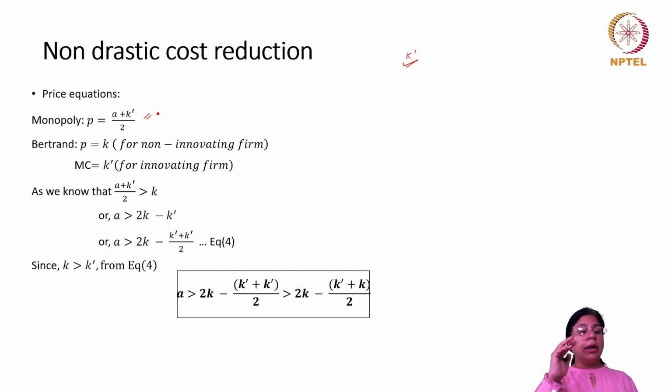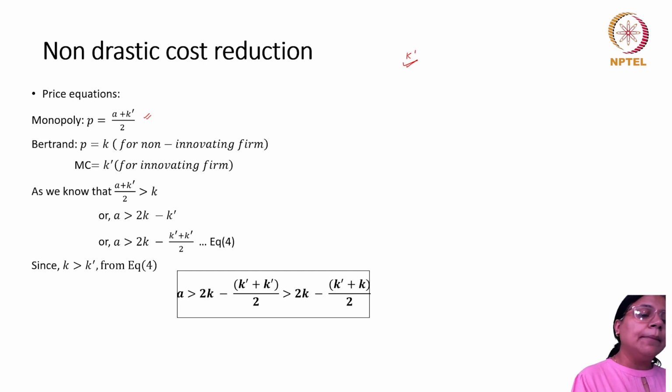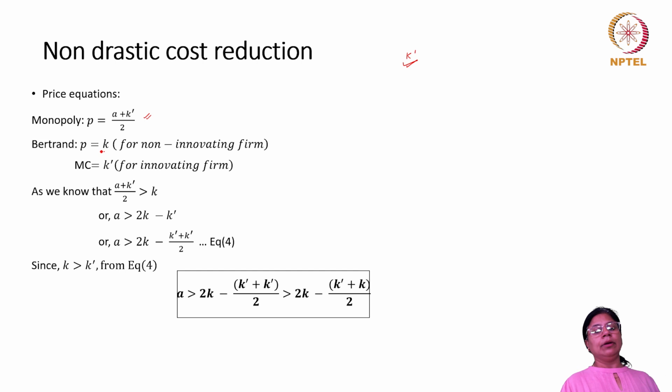On the other hand, in the Bertrand competition, the firm will be charging P being equal to k, which is their marginal cost of production. Now this k being a marginal cost of production stands only for the non-innovating firm, whereas the innovating firm has k prime as their cost of production.